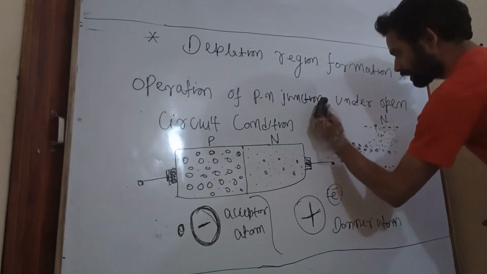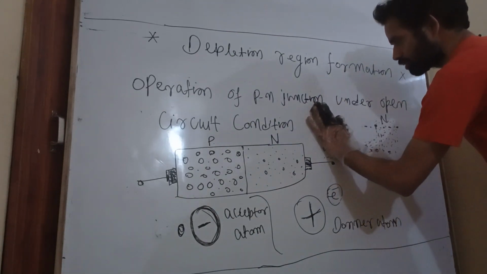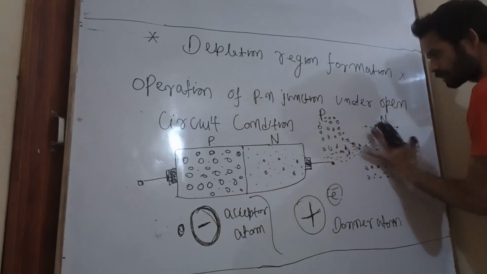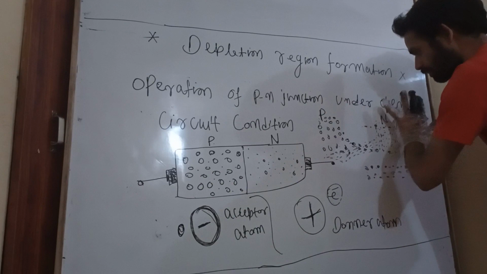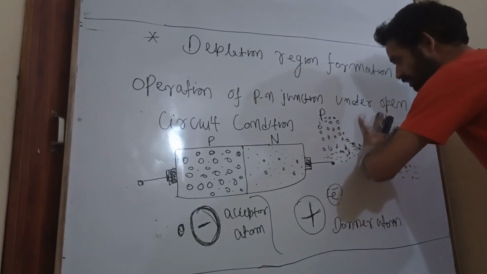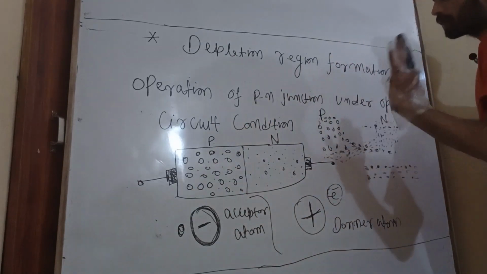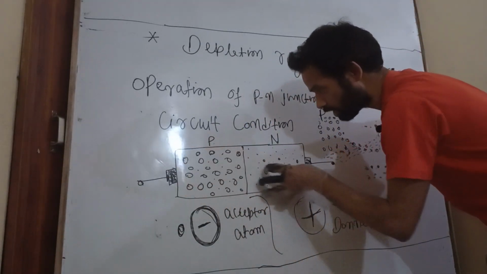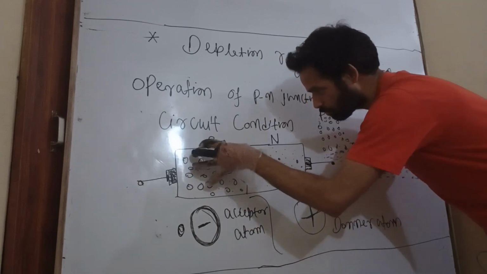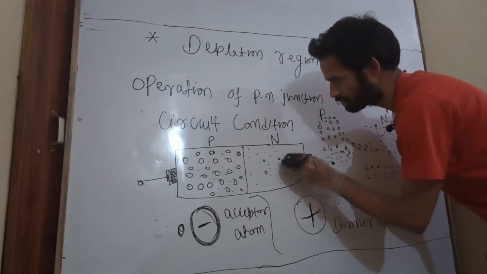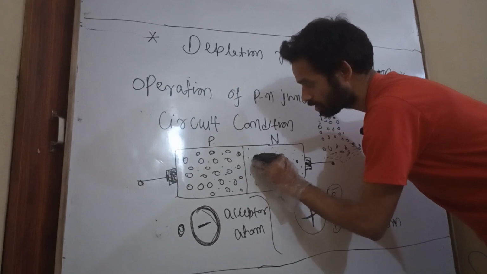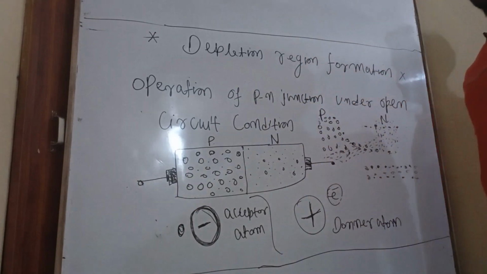Now, on the P type side, the majority charge carrier holes will start migrating from the P region to the N region through the junction. Similarly, electrons will start migrating from the N region through the junction into the P region.